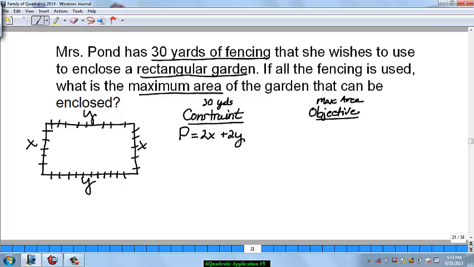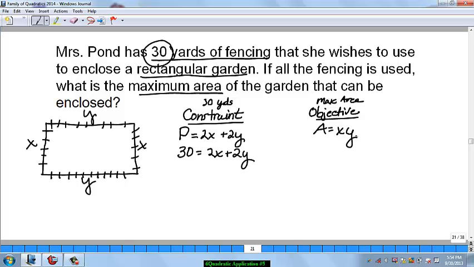I just came up with a constraint equation. Now they told us I had to use 30 all the way around, so I know my perimeter has to be 30 of fencing. So it's 30 equals 2x plus 2y. Now my objective is I need to find the max area. So the area here is going to be x times y, or y times x, because area is base times height. But according to our picture, that's what we're going to call it.